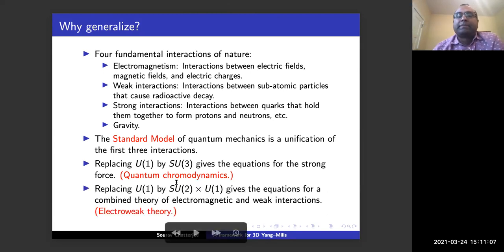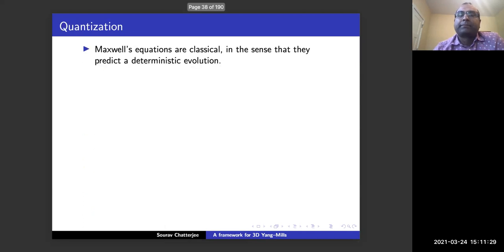And you replace U1 by SU2 cross U1. This gives the equations for the combined theory of electromagnetic and weak interactions. This is electroweak theory. Okay. So this puts everything in the same framework. So this is why we generalize to arbitrary Lie groups, and there are only a few Lie groups that are of interest, but we can always work with an arbitrary Lie group.